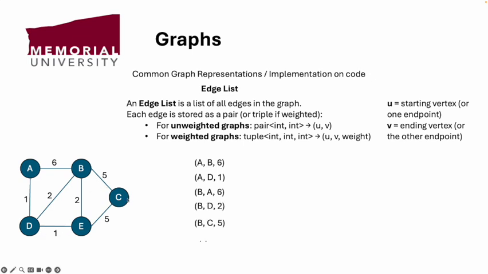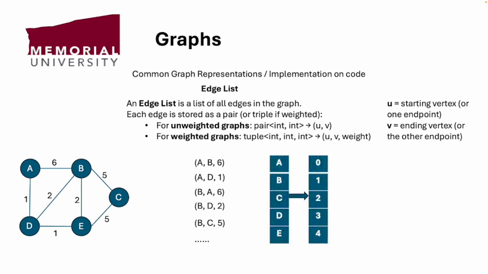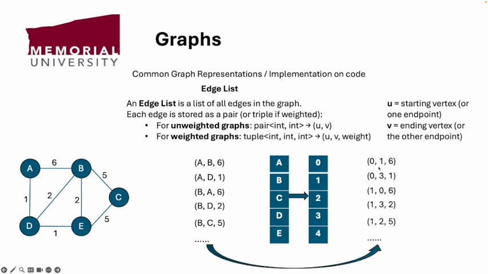B, C equal to 5, and so on. So that's all the list we defined. If we convert A, B, C, D, E into numerical numbers, this is what we get, right? 0, 1, 6, 0, 3, 1, 1, 0, 6, 1, 3, 2, 1, 2, 5, and so on.